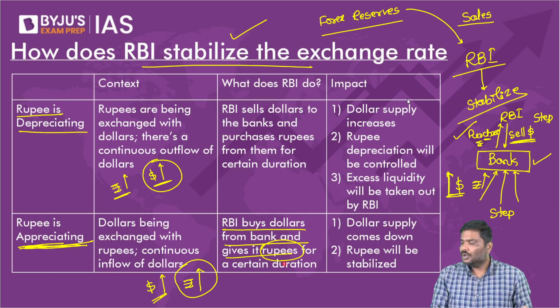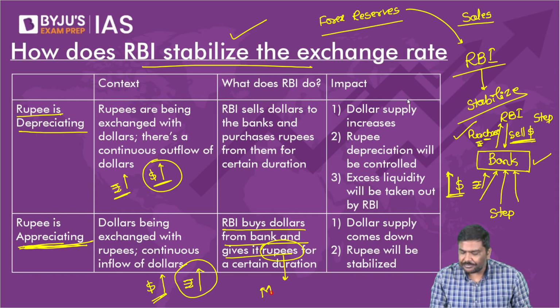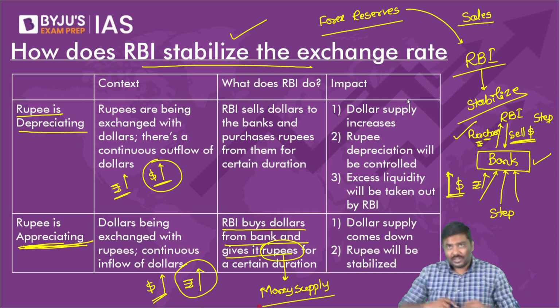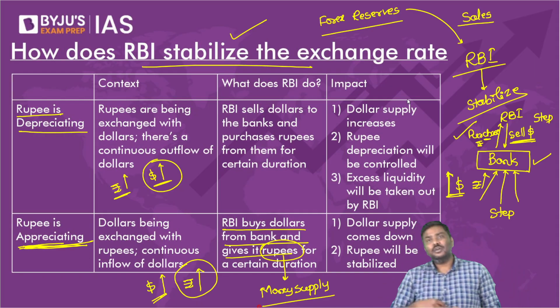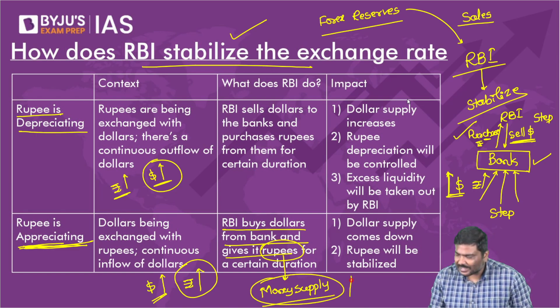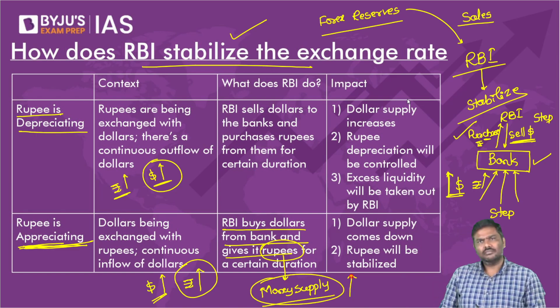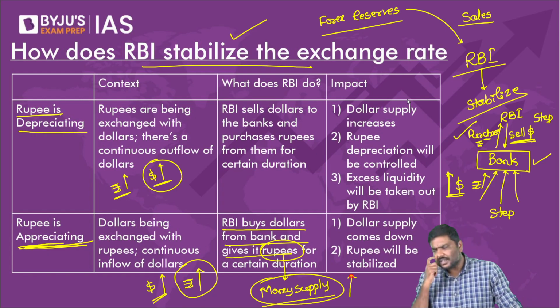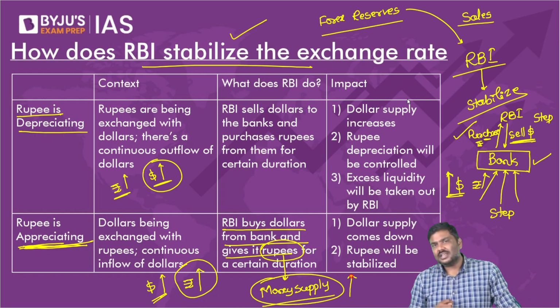Now, please tell me, if RBI will sell rupees in example 2, what will happen to the supply of rupee in the market? Don't you think rupee supply will start increasing?